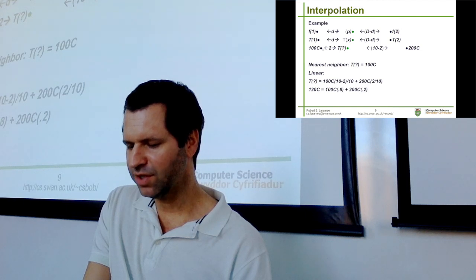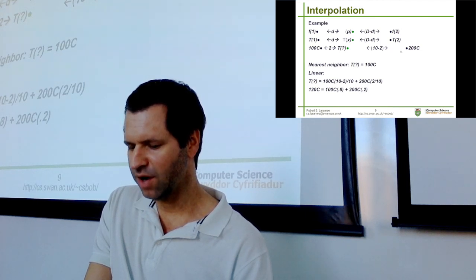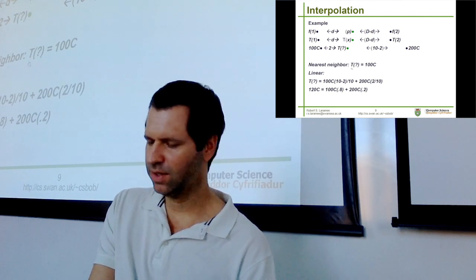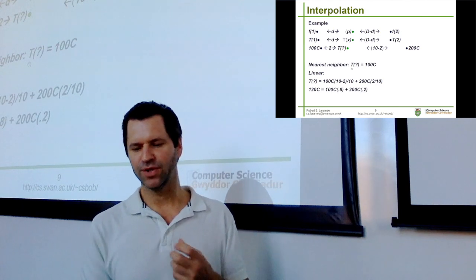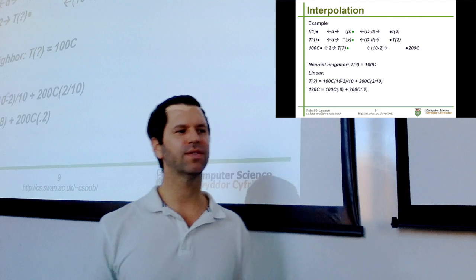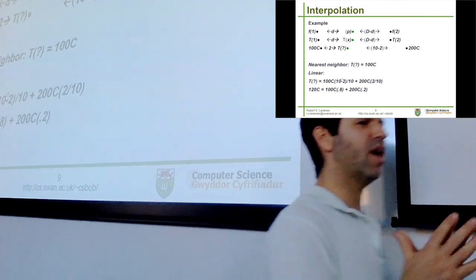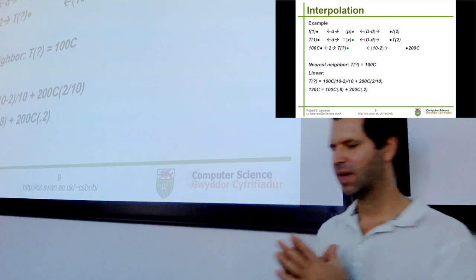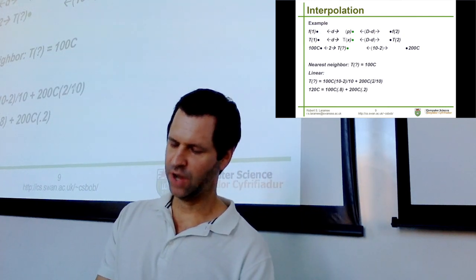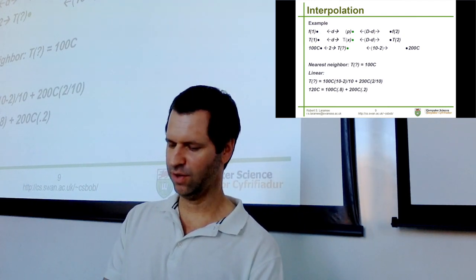10 is the total distance between Swansea and Cardiff. 10 minus 2 is 8. 8 divided by 10 is 0.8. So the influence of Swansea is 80%. I take 80% of the value from Swansea, and I add it to 2 over 10, which is 20% of the value from Cardiff.